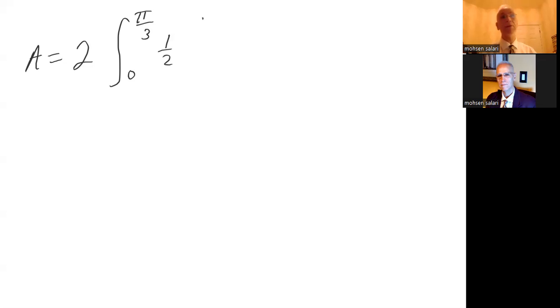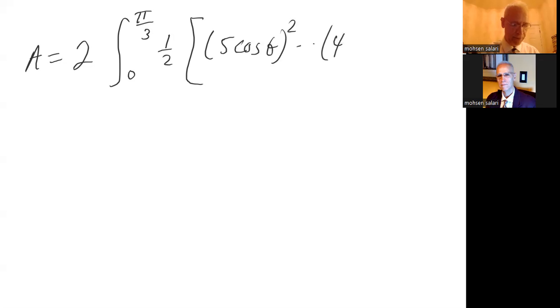So area equals 2 times the integral from 0 to pi over 3, and the formula is 1/2. The outer function would be 5 cosine of theta quantity squared minus 4 minus 3 cosine of theta squared d theta. Okay.